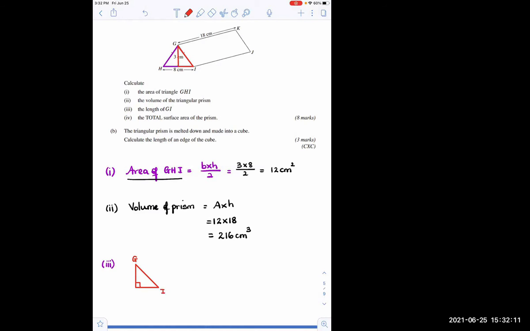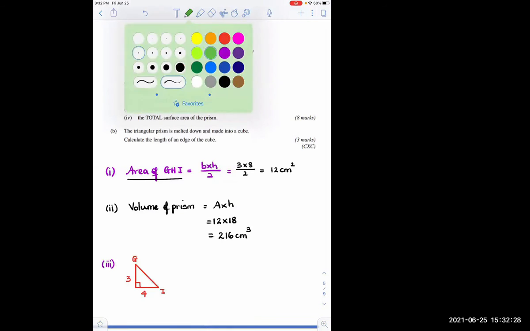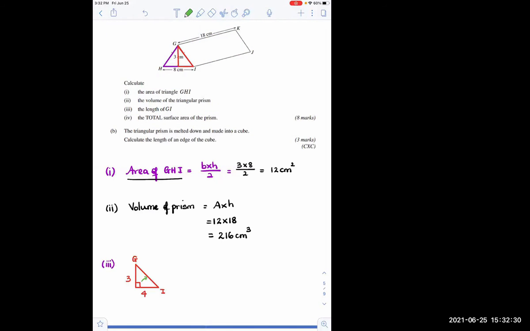We want to find GI. This side is 3 cm. This side is half of 8, which is 4. So I want to find the longest side. How do I know it is the longest side? Well, it is the side opposite the right angle.